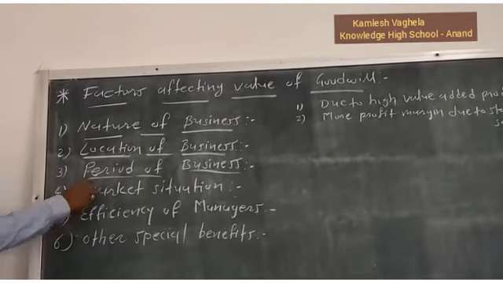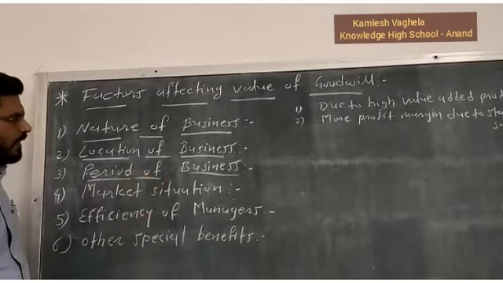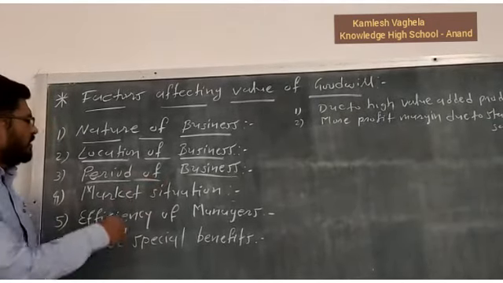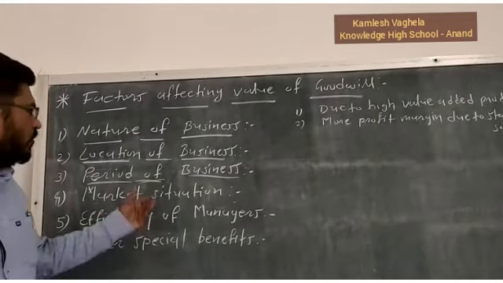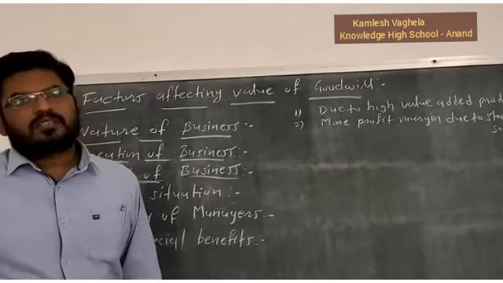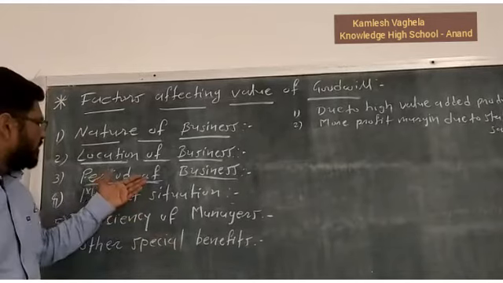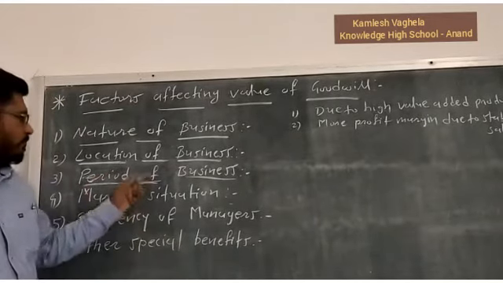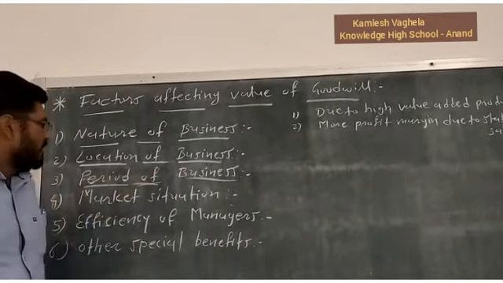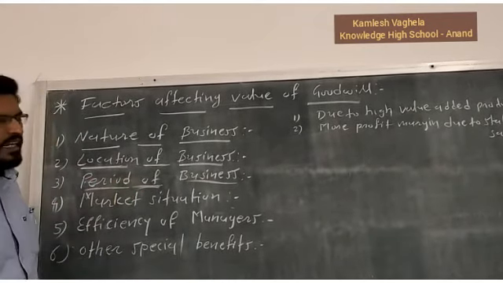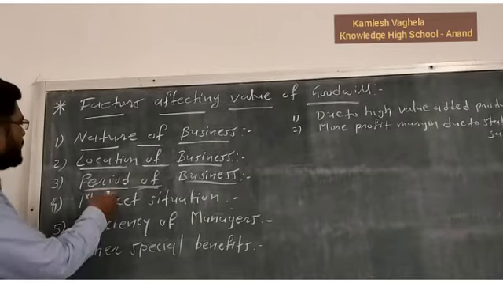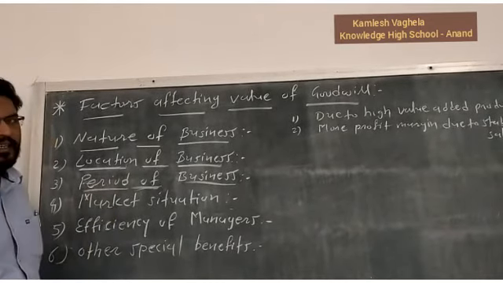So as and when our period of business is old, our goodwill is high because we have a close relation with our customers, so that we increase our business with them by our efforts. So period of business means a business is old, value of goodwill is higher. A business is new, value of goodwill is low.